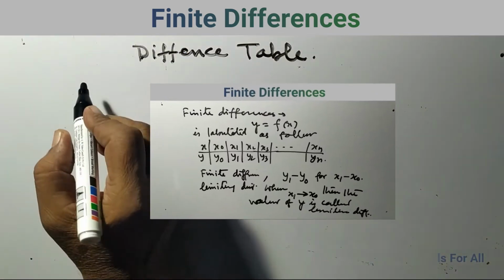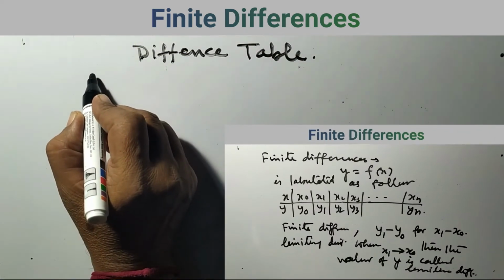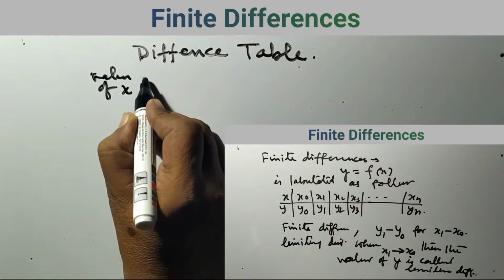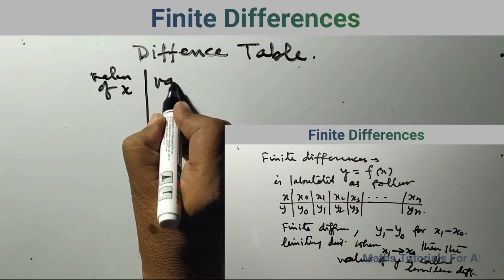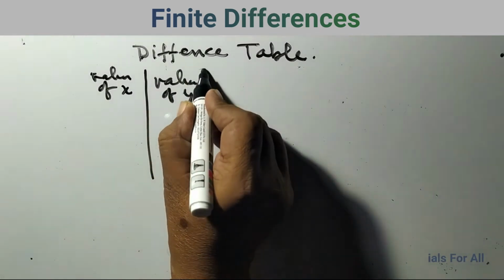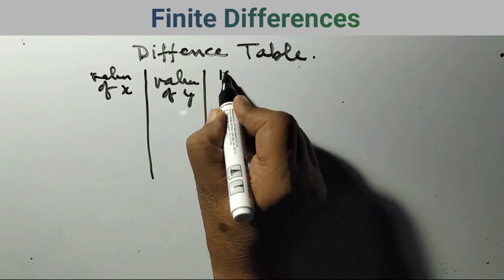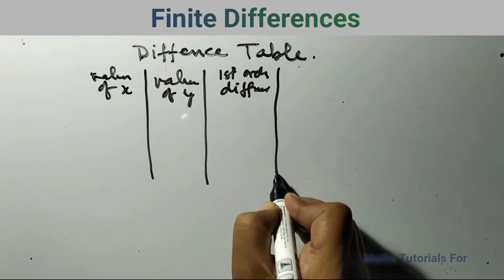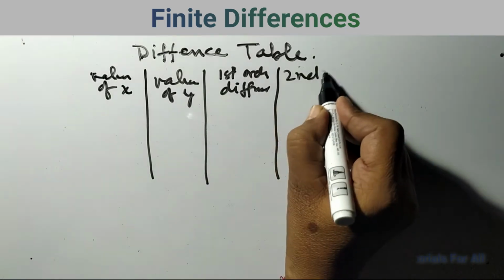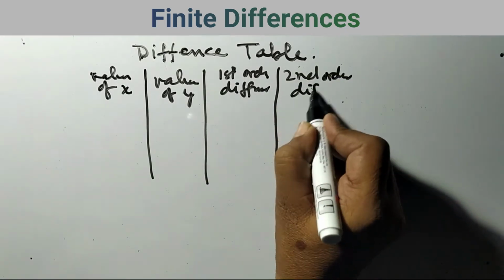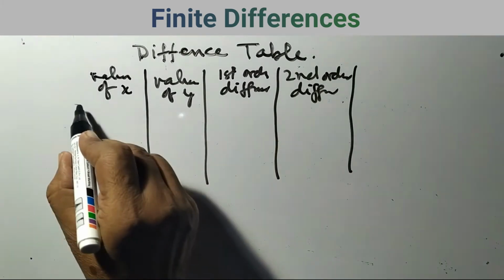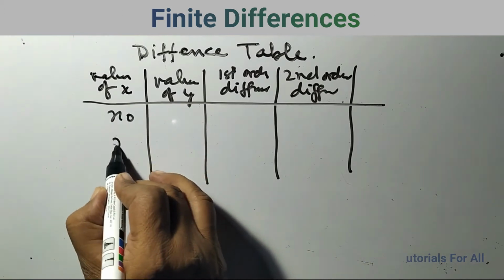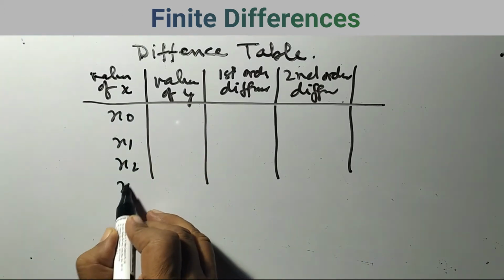Now, in the difference table, we list the value of x, value of y, first order difference, second order difference. Suppose the values of x are x0, x1, x2, x3.